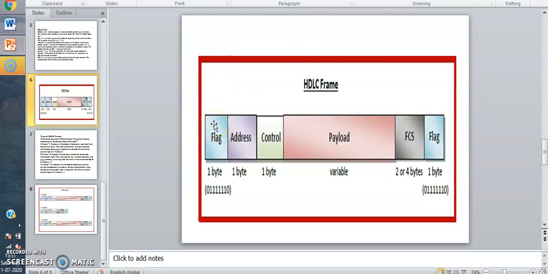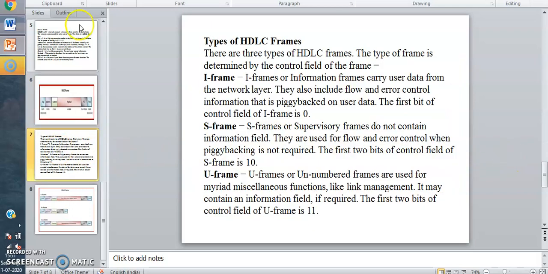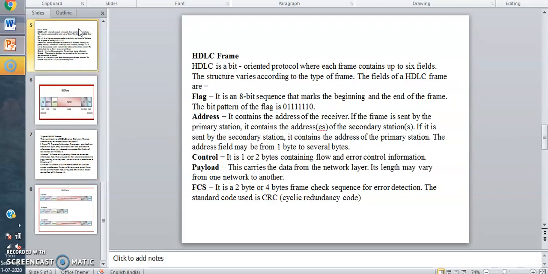It identifies the start and end of the frame. The length of the flag field is 8 bits. It is an 8-bit sequence that marks the beginning and end of the frame. The bit pattern of the flag is 0 1 1 1 1 1 1 0.